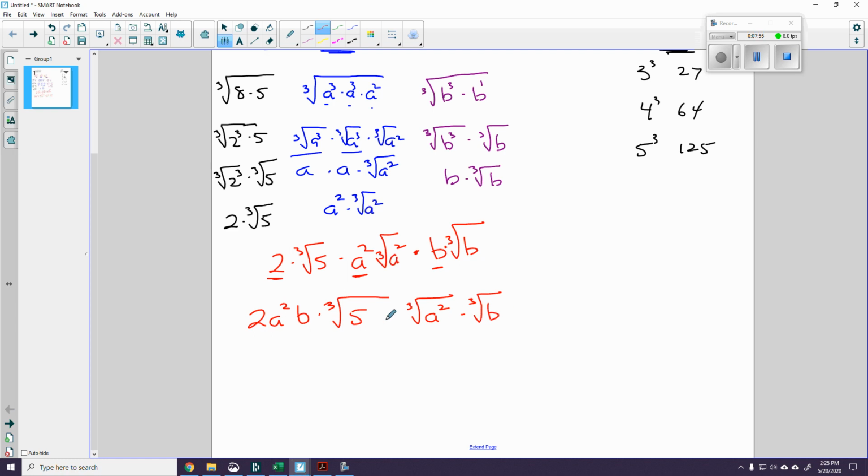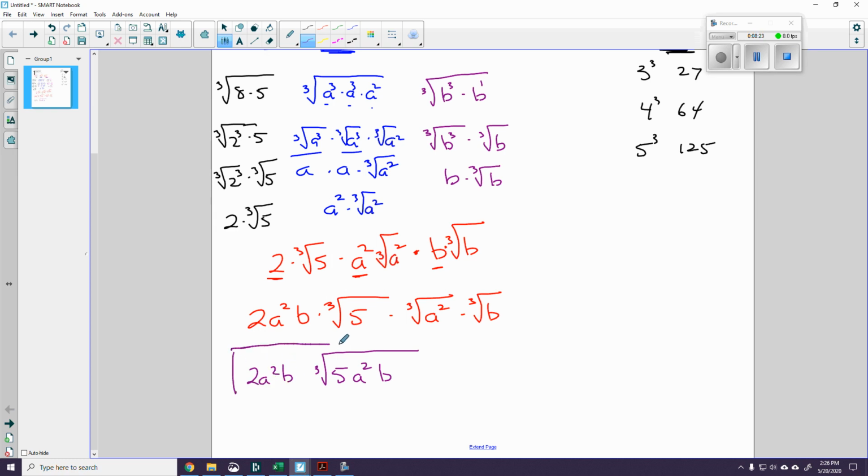And again, with the product property, up here we were dividing things out underneath the radicand. Now we're going to combine them. So this whole thing is going to be the cube root of 5a squared b, and outside the radical sign is 2a squared b.